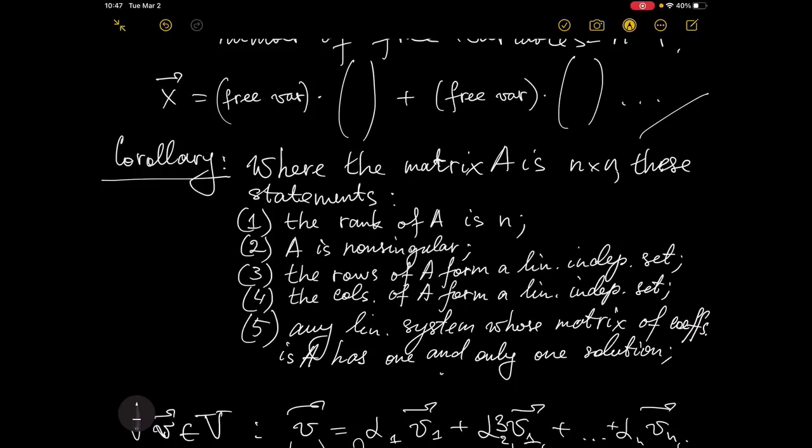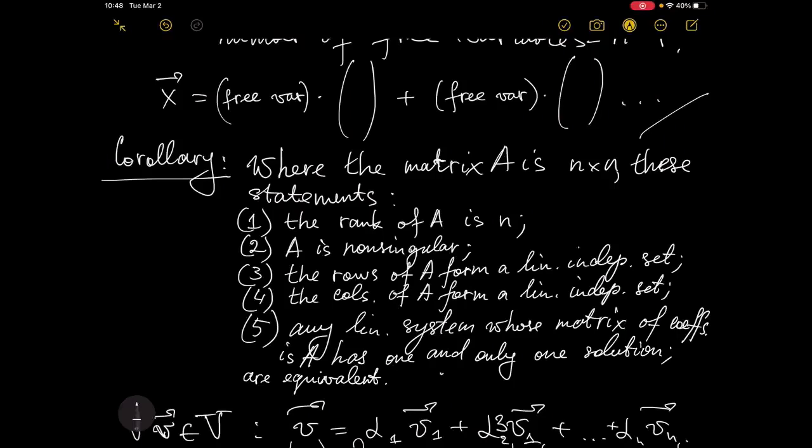So these statements are equivalent. First of all, if the rank of A is n, then we know that in reduced row echelon form, if the rank of an n by n matrix is n, we will have n leading ones, right?